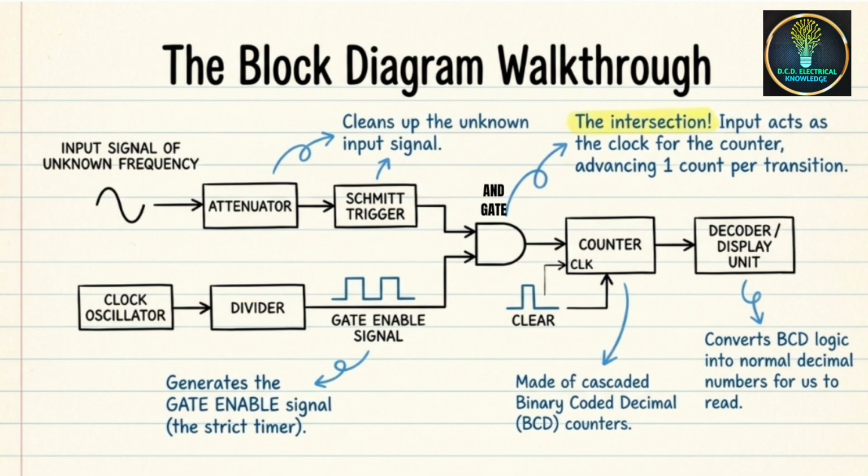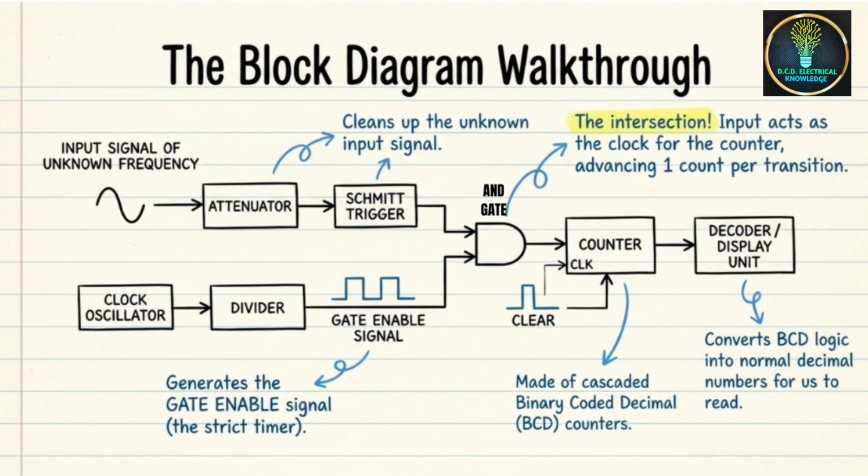The AND gate output acts as the clock for the counter, advancing on each count or transition. The AND gate is the heart of the system. It needs both signals to pass the pulses.